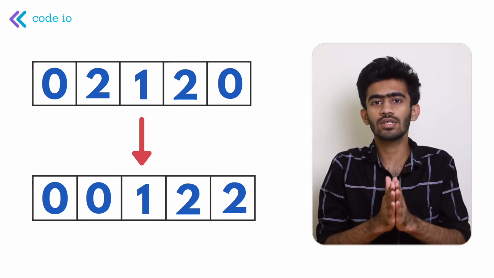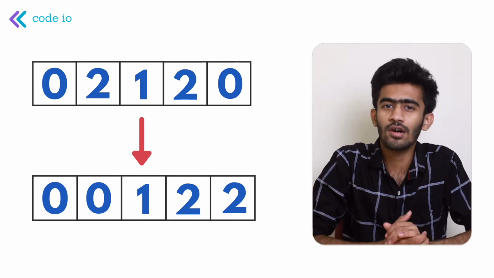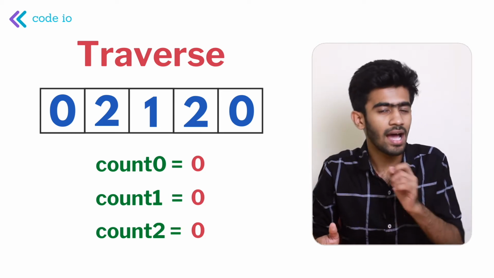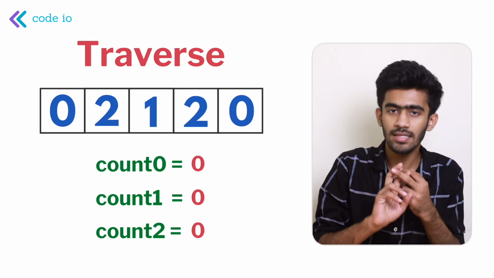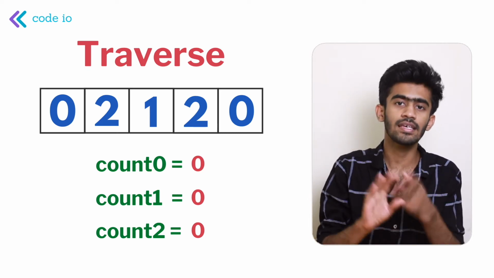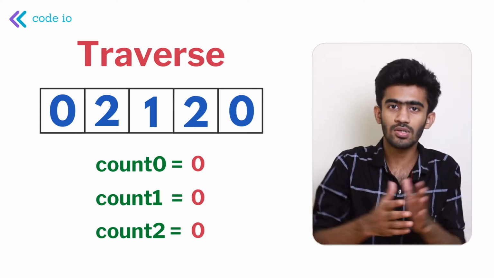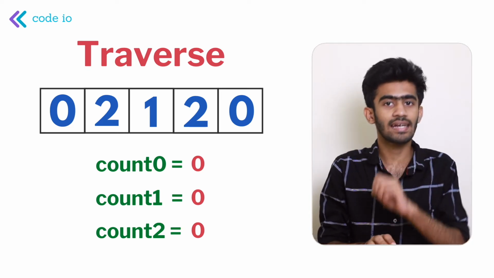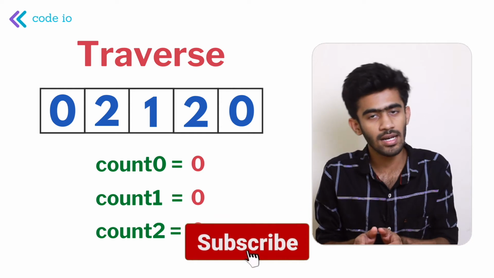What we are going to use is the concept of count sort. So what is this concept of count sort? First we traverse this array and find the total number of zeros, total number of ones and total number of twos. We have these three elements, so we'll have three variables which correspondingly have the count of all these three numbers. And at last, we know that zeros come first and then 1 and then 2.